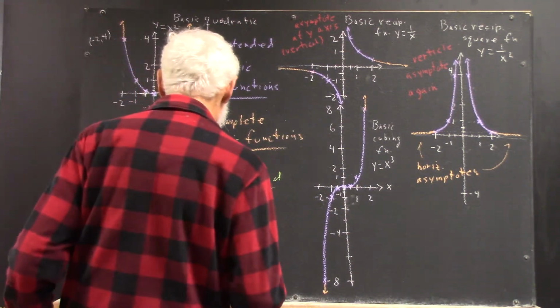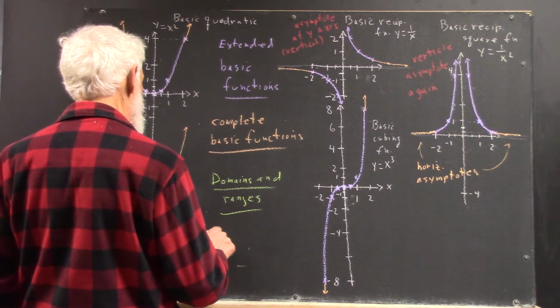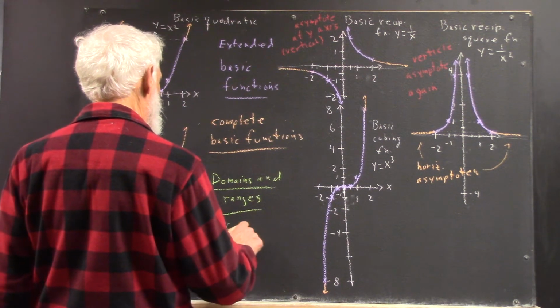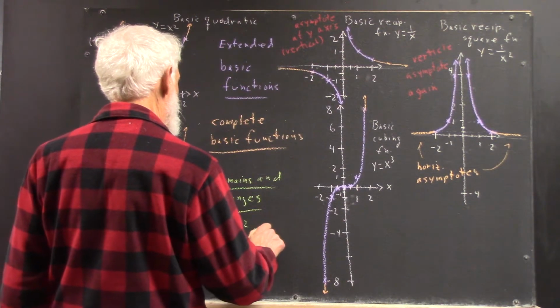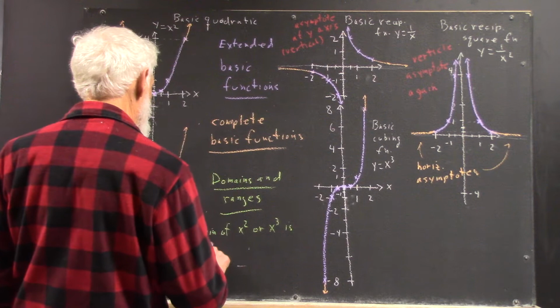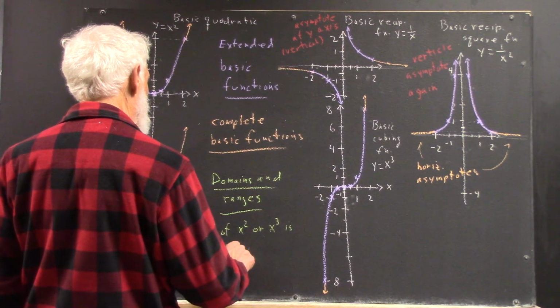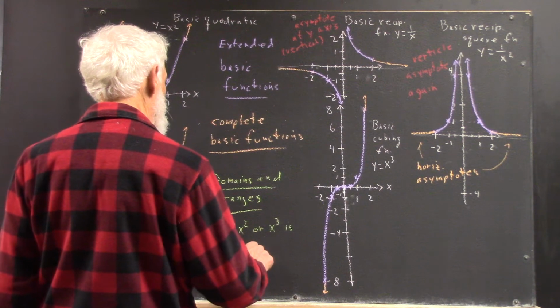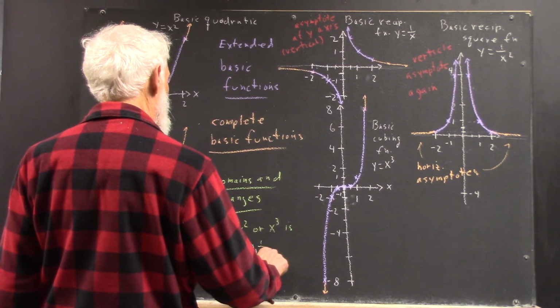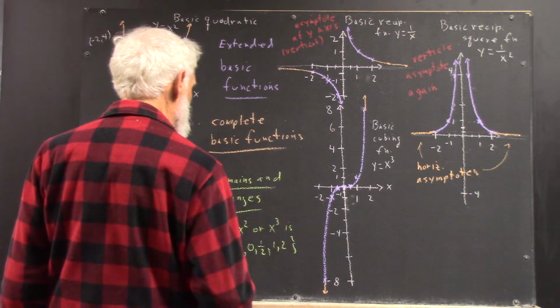So I can write a note here, domain is a set of all your basic values, -2, -1, -1/2, 0, 1/2, 1, and 2.